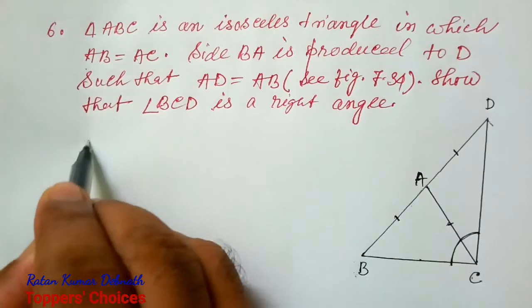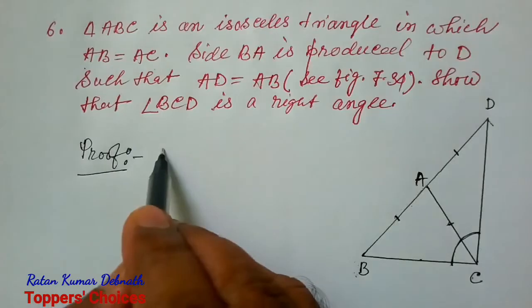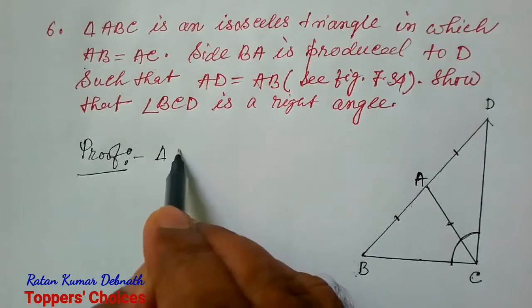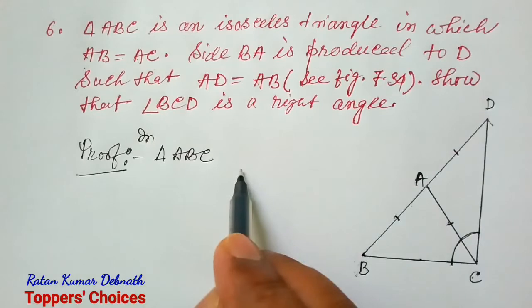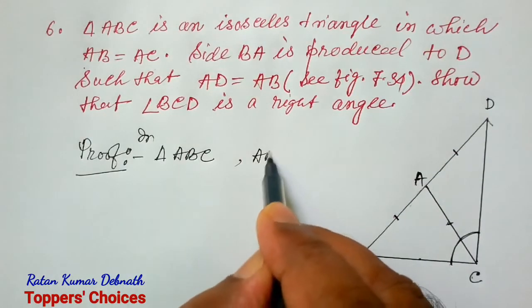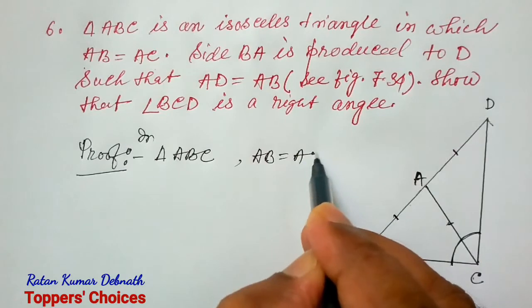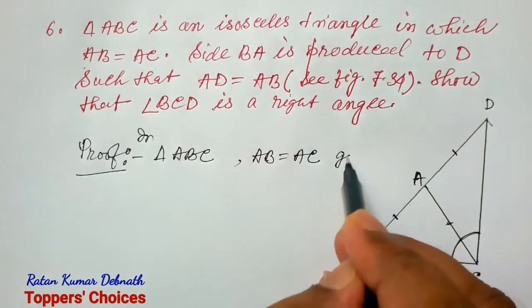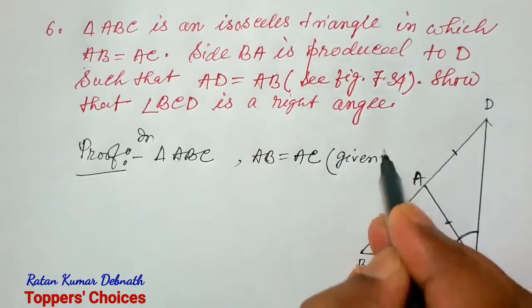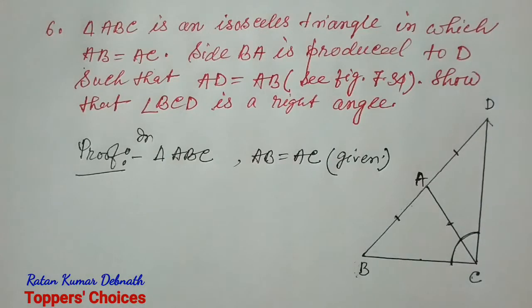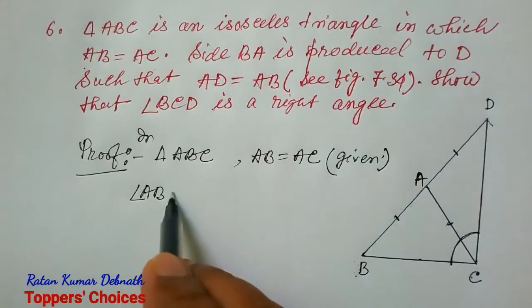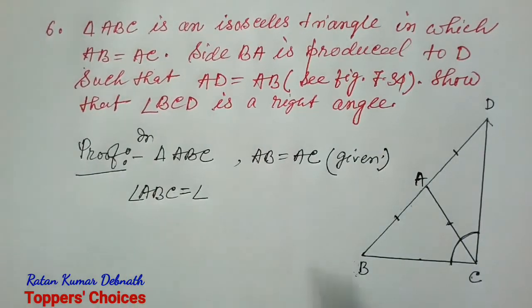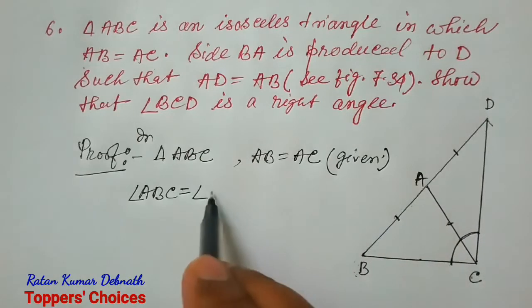Proof. In triangle ABC, AB equals AC, given. So we can write angle ABC equal to angle ACB.